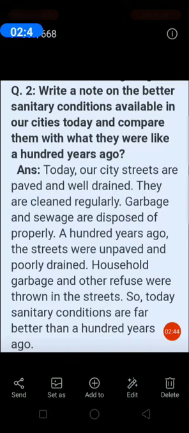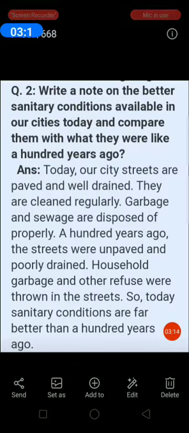Second question is, write a note on the better sanitary conditions available in our cities today and compare them with what they were like 100 years ago. Today our city streets are paved and well drained. Paved means they are not made of dirt or mud or slime, they are paved with cement.